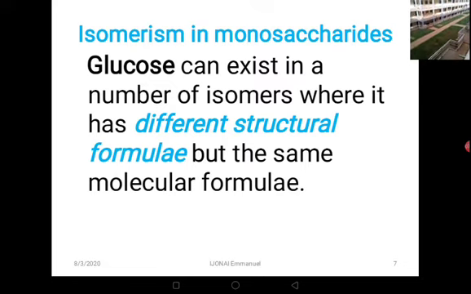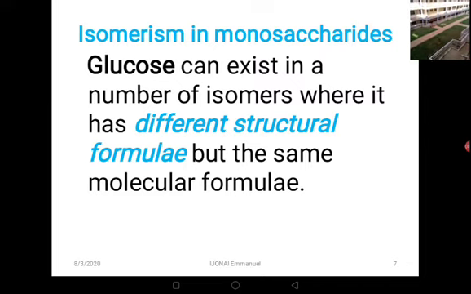Even in chemicals of life, isomerism is not spared. There are some compounds that exhibit isomerism. One of them is glucose, and we know that glucose can exist in a number of isomers, where it has different structural formulae but the same molecular formula.